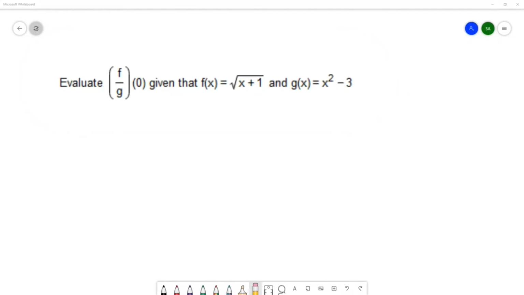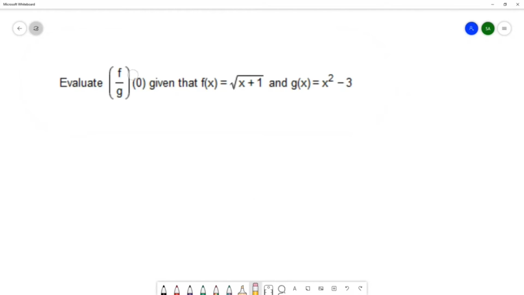On this question, we want to evaluate f over g of 0, given that f of x is equal to square root of x plus 1, and g of x is equal to x squared minus 3. So there are two basic approaches to solving this kind of problem.